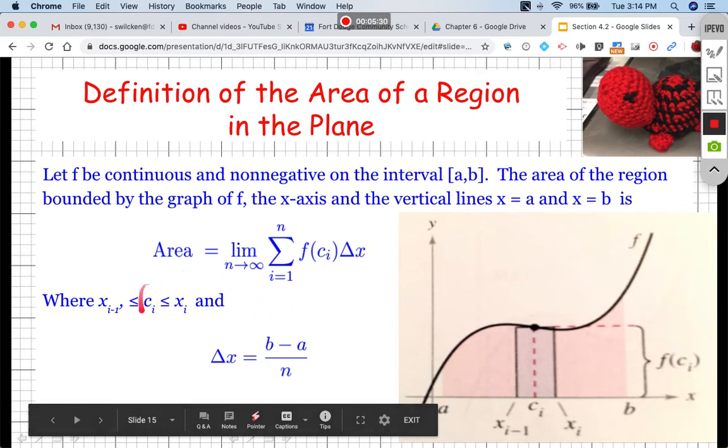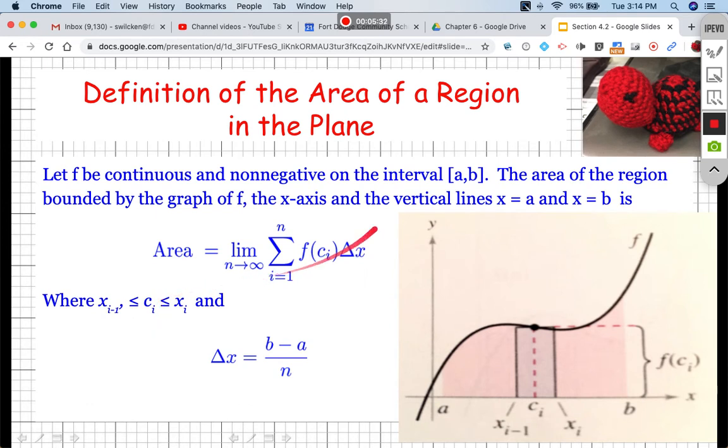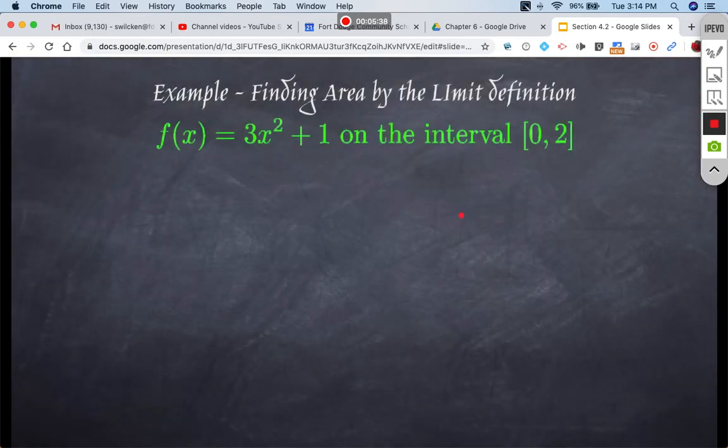And we just picked this to make it easy and convenient. So let's look at this and give it a try. f of x equals 3x squared plus 1 on the interval 0 to 2.